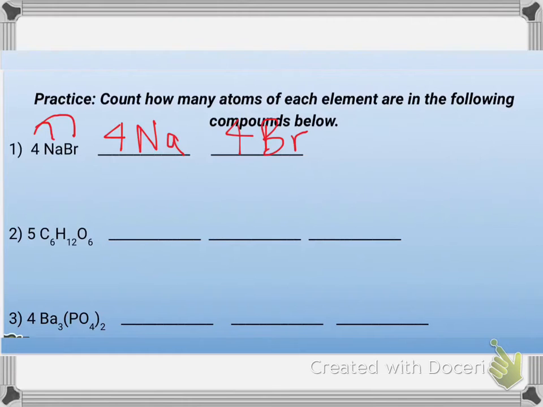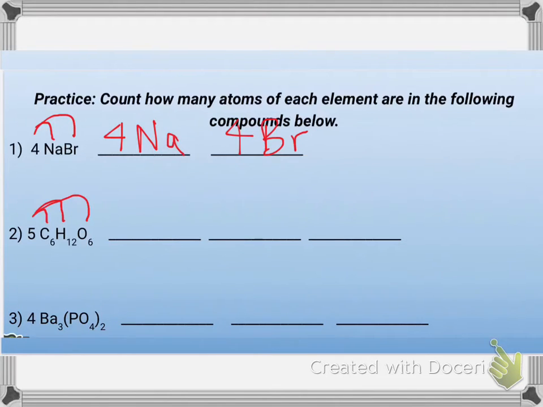For the next example, this is the molecule glucose, C6H12O6, and we have the coefficient of 5 in front. So this 5 is going to distribute to everything in the compound. It's going to be 5 times the carbons, 5 times the hydrogens, and 5 times the oxygens. So you're basically going to multiply.